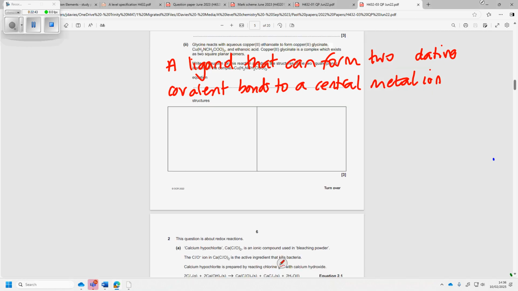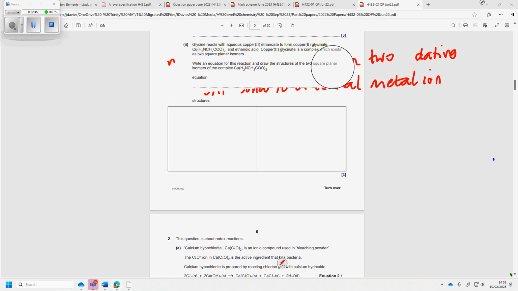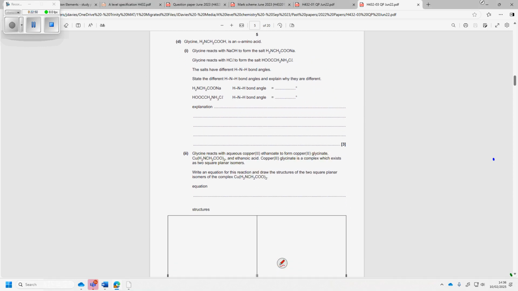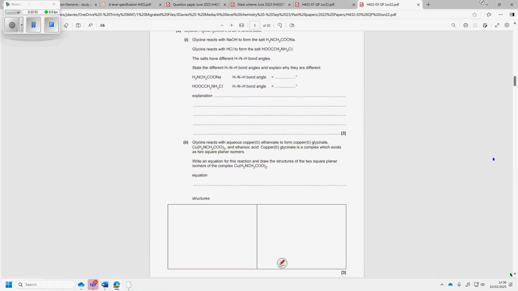Something that you've got to watch out for here, for example, is when they give you a molecule or ion that is kind of a hybrid of the two that we've just looked at.